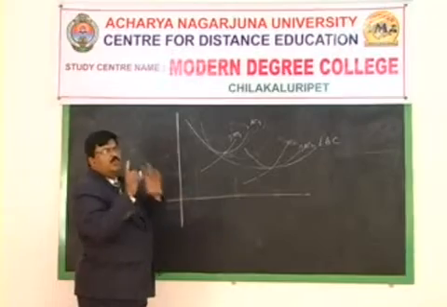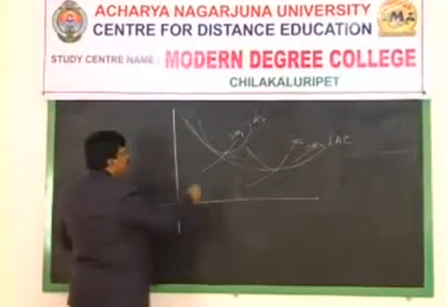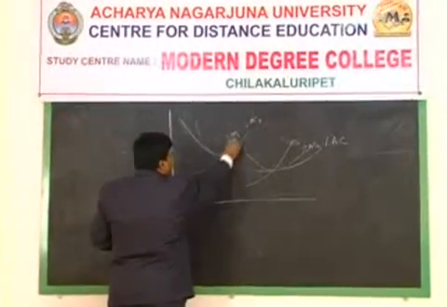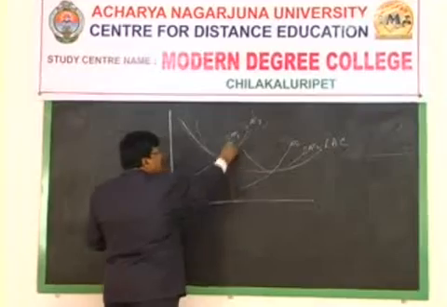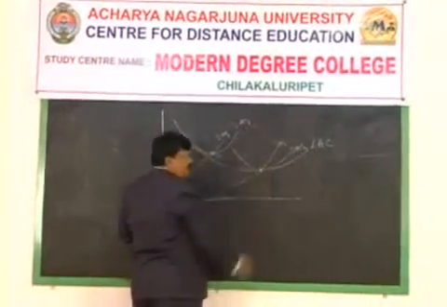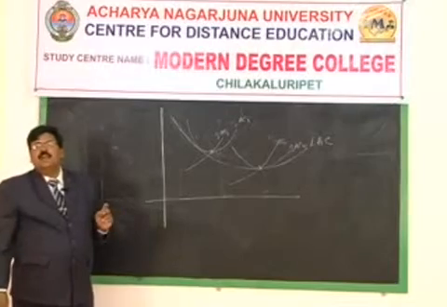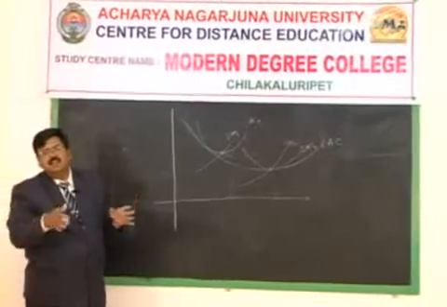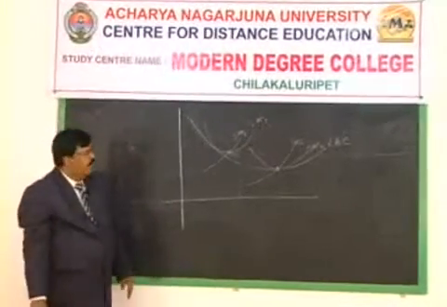Now, there are two important points you have to remember. One is, we know that MC intersects AC at its minimum point here, and similarly MC equals AC at its minimum point here. Average cost and marginal cost are equal when AC is at its minimum point. That relation we know.